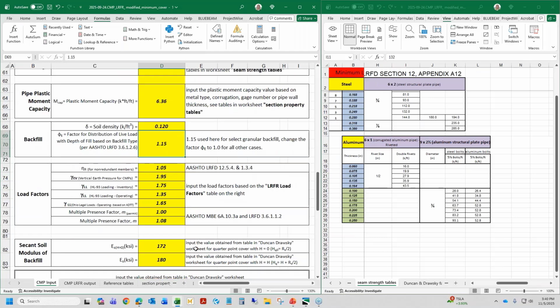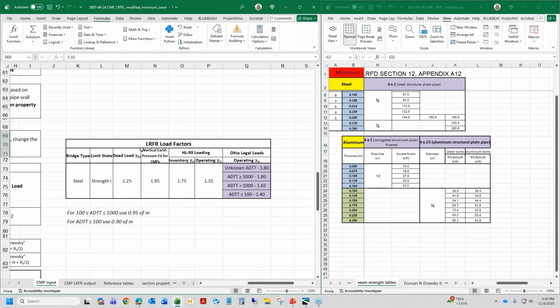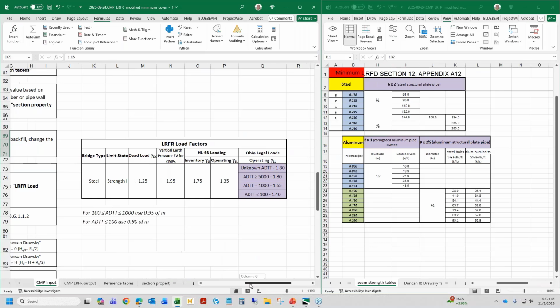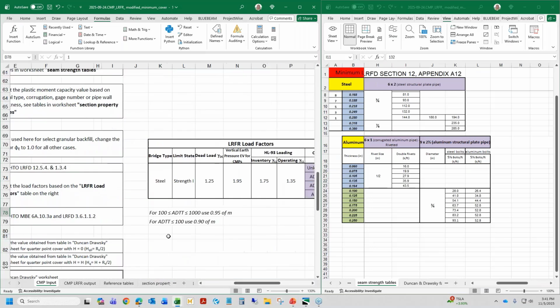Next, we have all of our load factors. Our load factors come from this table, which comes straight from the MBE and LRFD publications. Finally, we come down to what we call our multiple presence factor, small m. That small m is, again, from MBE.